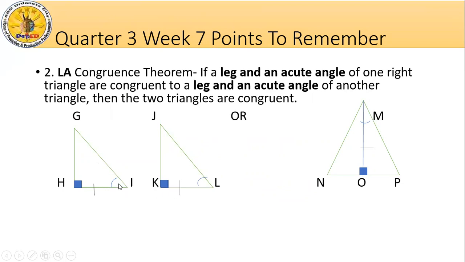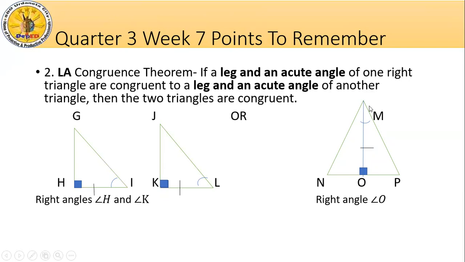And angle I is also congruent to angle L. What part of the triangle is this? It is an angle. So therefore, triangle GHI is congruent to triangle JKL by LA congruence.